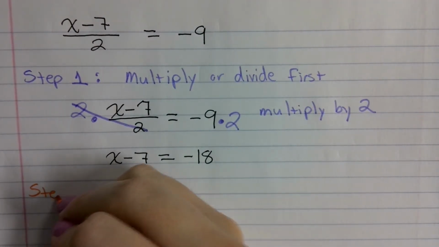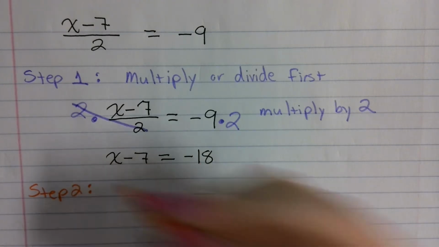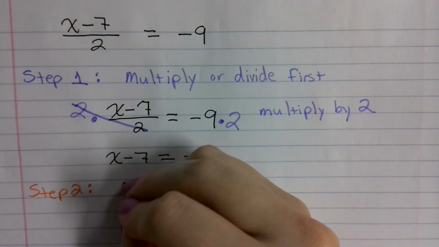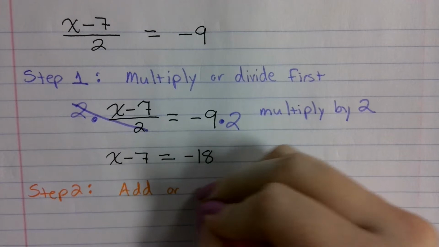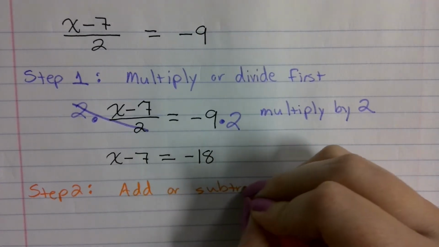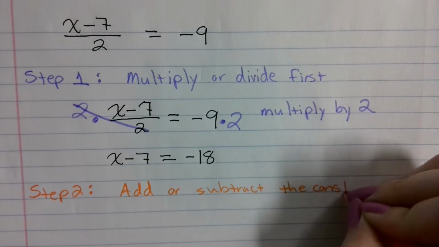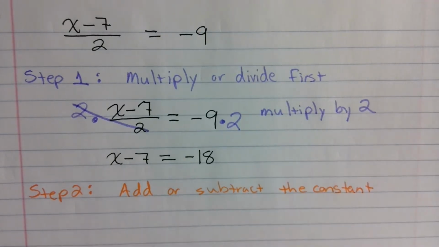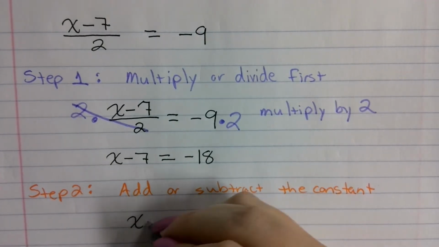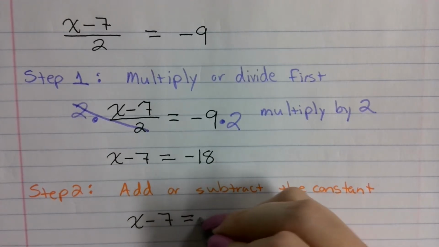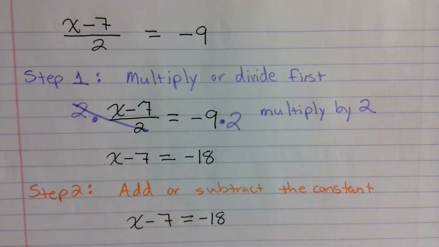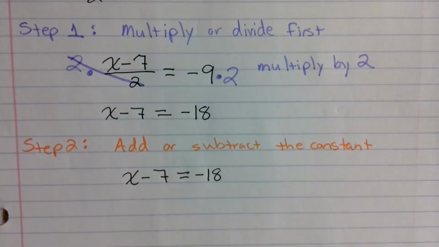And then just like before, step 2 is going to be to add or subtract. So are we going to add or subtract in the problem x minus 7 equals negative 18? Olivia? You're going to add. Good.